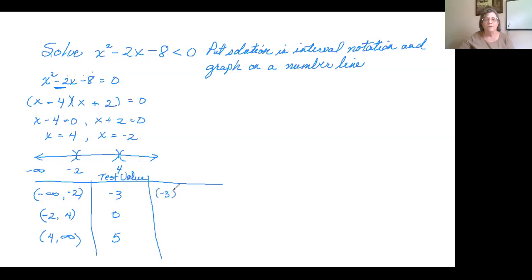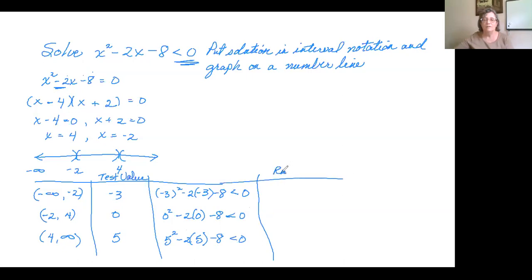So I've got negative 3 squared minus 2 times negative 3 minus 8 is less than 0 is what I'm looking for. Come back up to the original. 0, that's going to be easy. 0 squared minus 2 times 0 minus 8 is less than 0. And 5 would be 5 squared minus 2 times 5 minus 8 is less than 0.